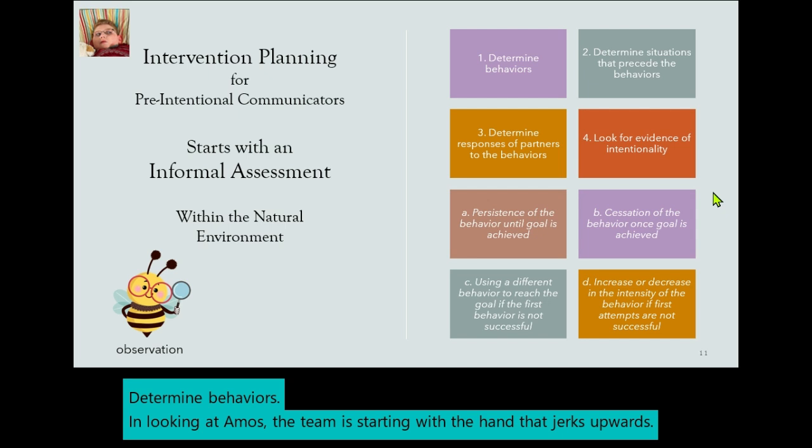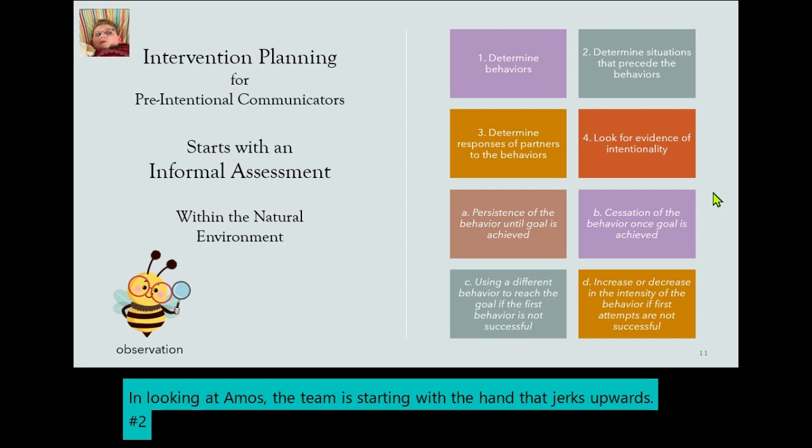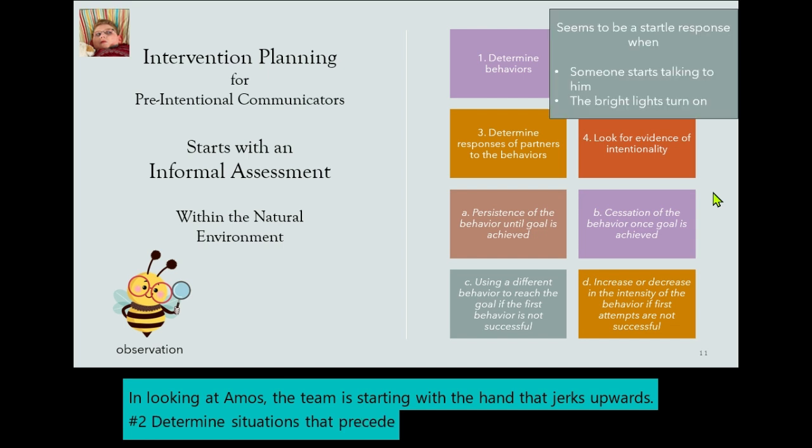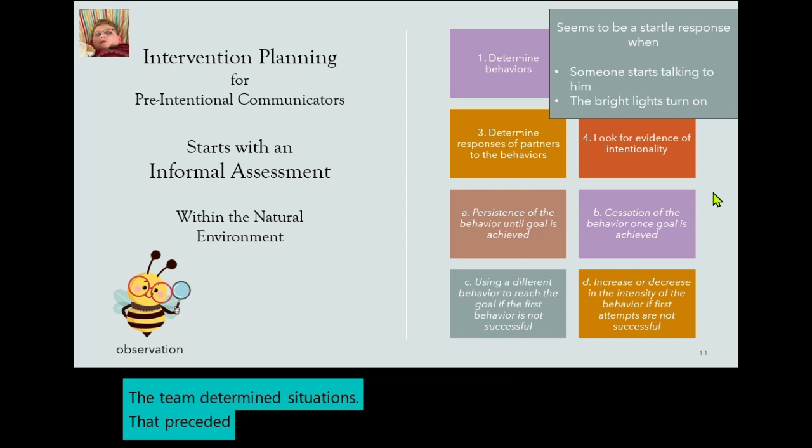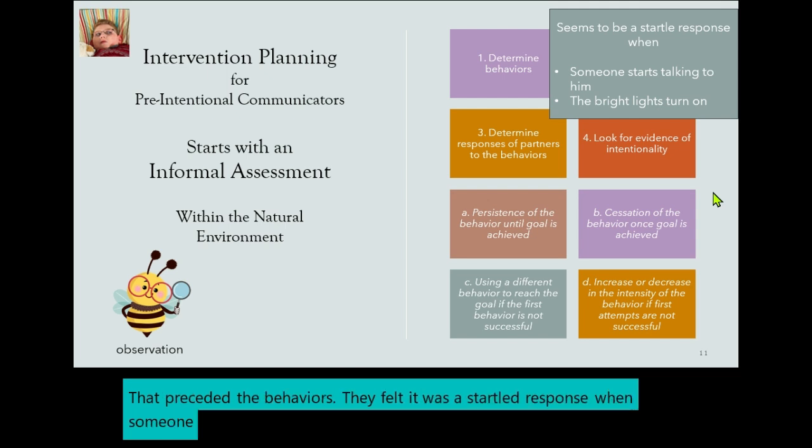Number 2, determine situations that precede the behaviors. The team determined situations that preceded the behaviors. They felt it was a startle response when someone starts talking to him or when bright lights are turned on.